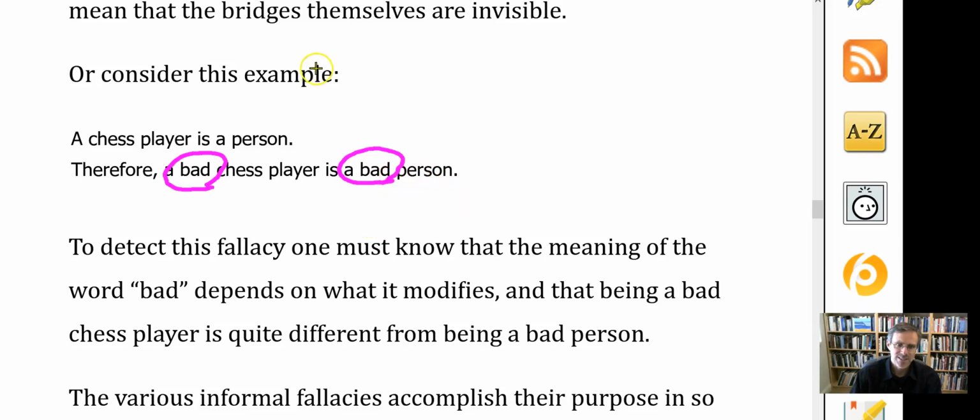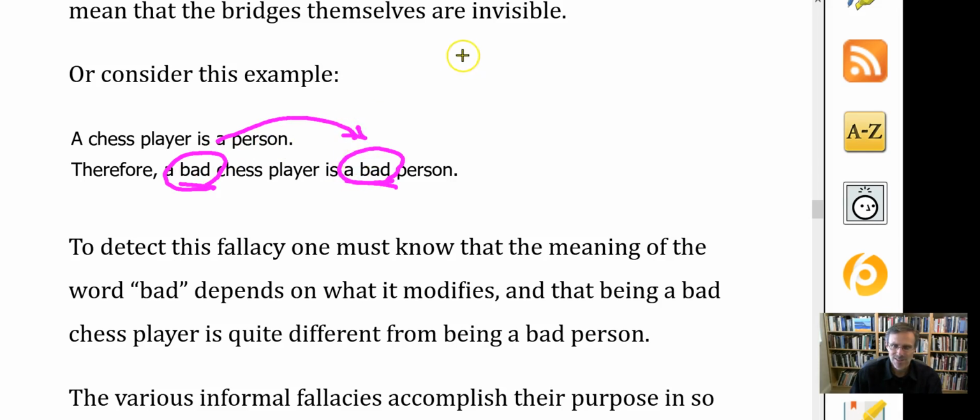So between the first and the second part of the statement, we've changed the meaning of the word being used. Even though the word looks the same, it has 2 different meanings in the different contexts, and so it's no longer a valid argument.